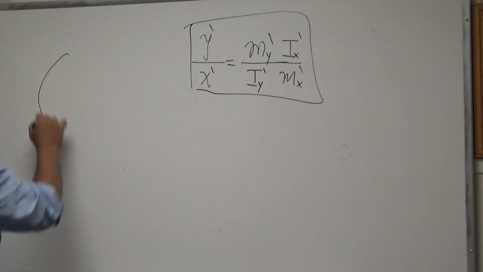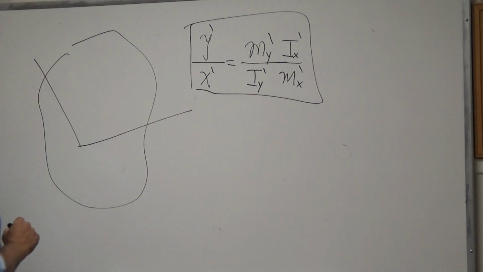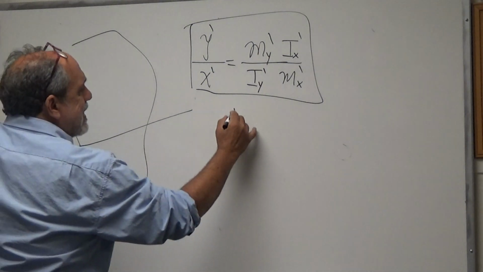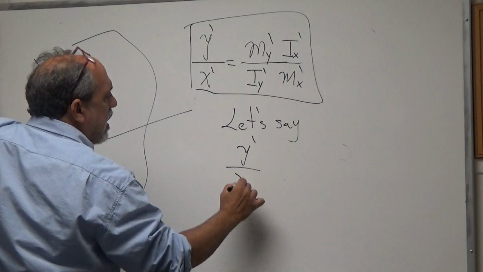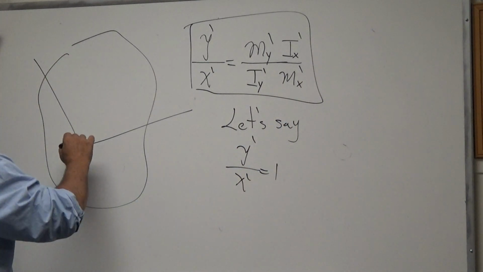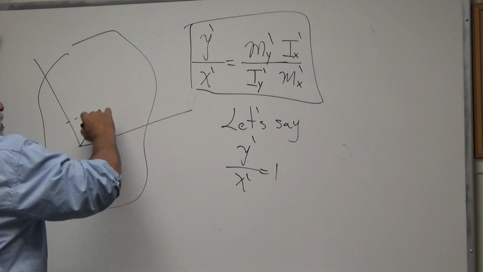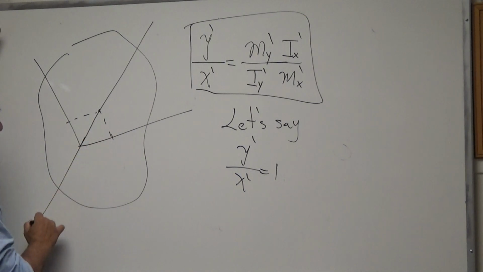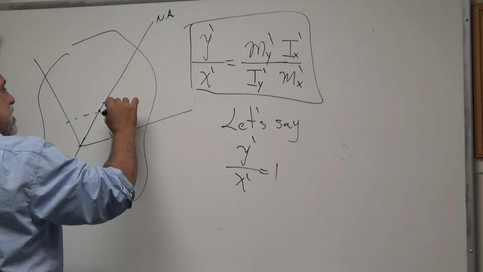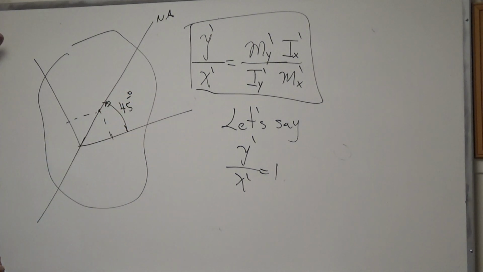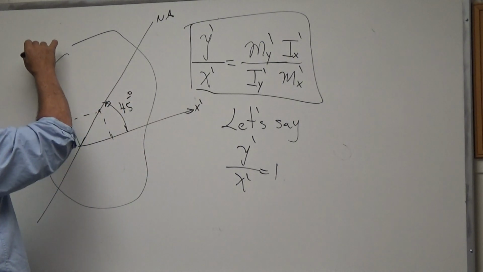If my section was this and my principal axes are that, and I get that y prime over x prime is 1, then I have a neutral axis which is at 45 degrees with respect to the principal axis.